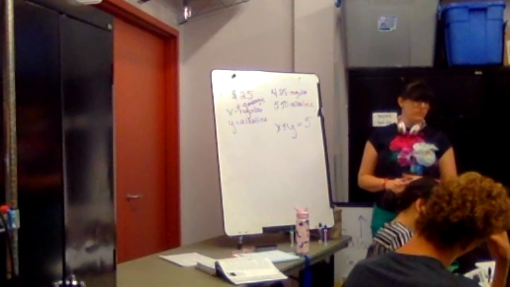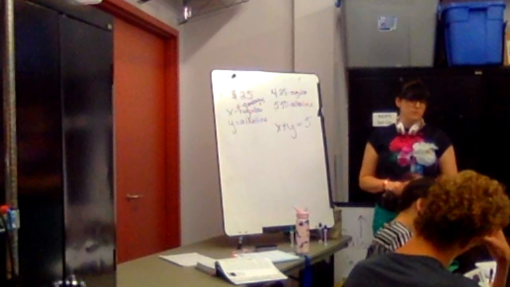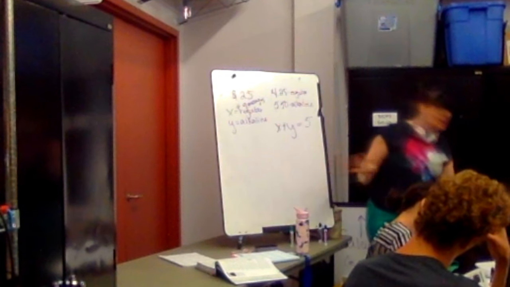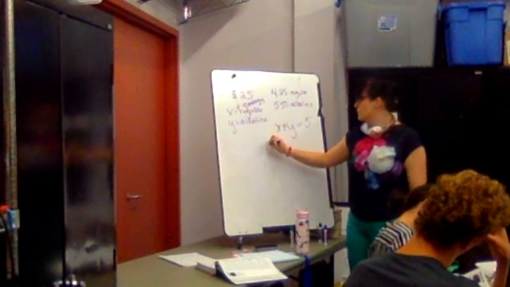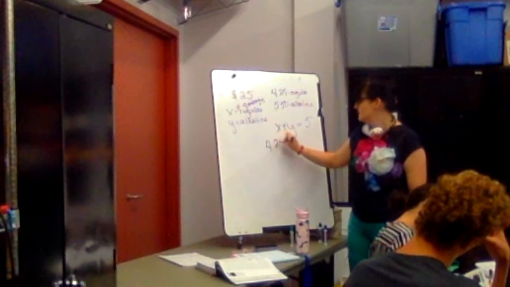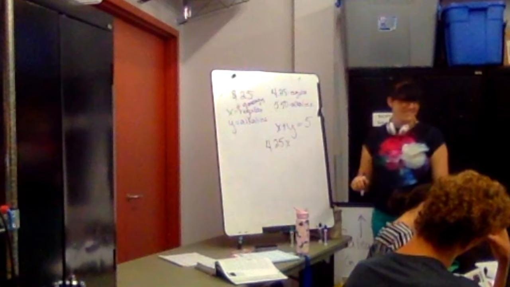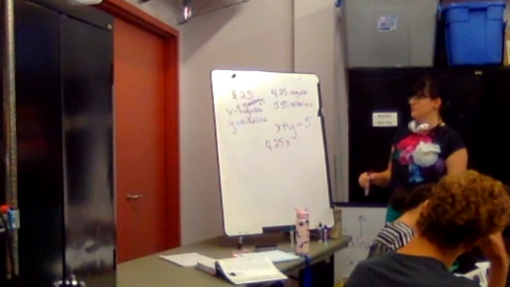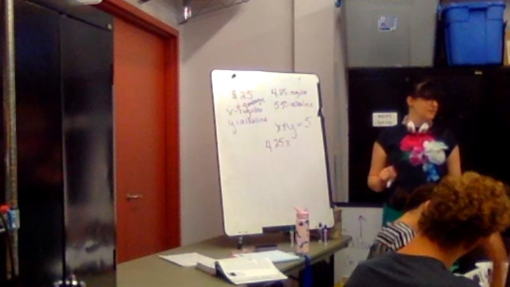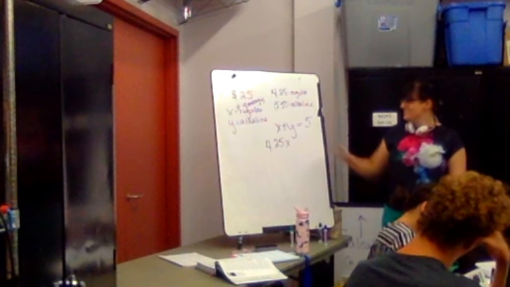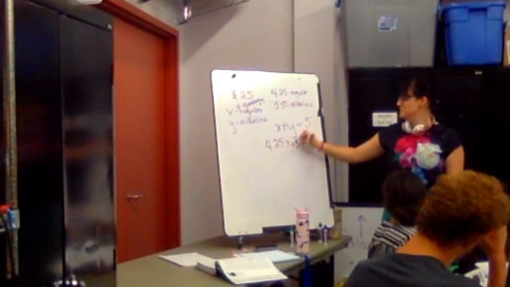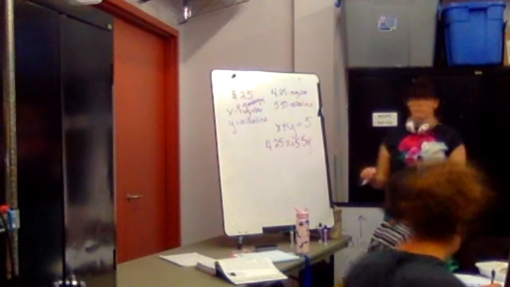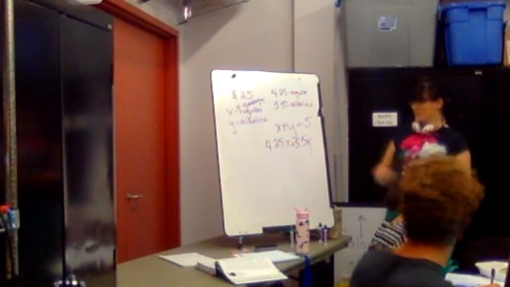We're going to spend $4.25 on each one. So to figure out how much we spend on regular total, it's 4.25X. How much are we going to spend on our alkaline? 5.5Y. And when we add those together, how much are we going to spend total? 25.